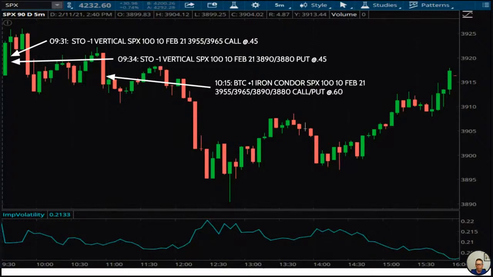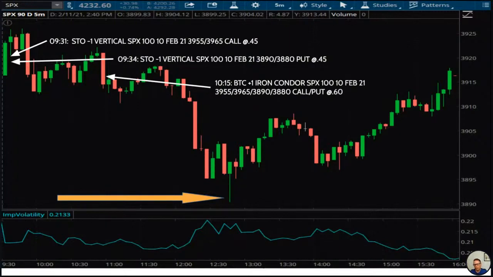One thing I wanted to share with you is to keep in mind the position. You can't see my marker there. The put position was 38.90, 38.80, and you can see how far it went down.